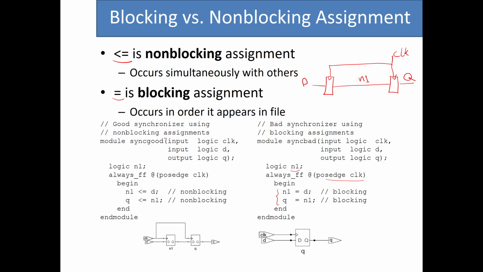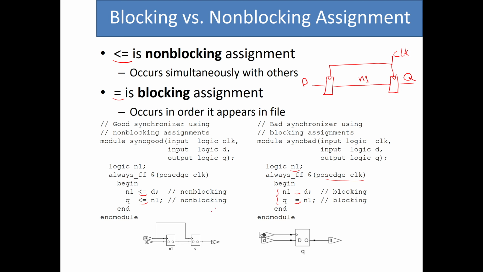So what is changed in this implementation versus this one is that now we are using non-blocking assignment instead of blocking assignment. On the rising edge of the clock, n1 gets the value of d and q gets the value of n1. When we synthesize this circuit, this is what we get. We have two flip-flops connected back to back.